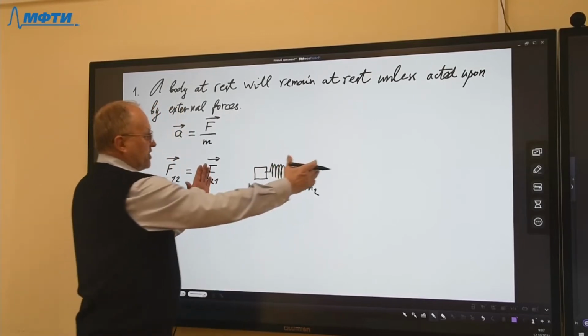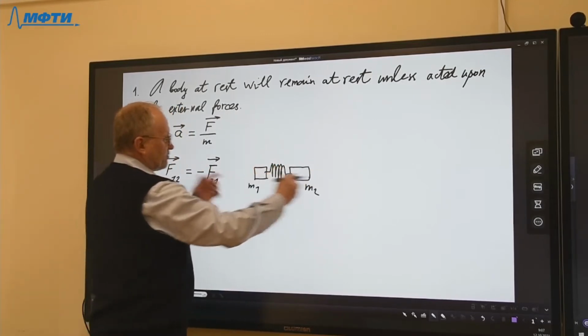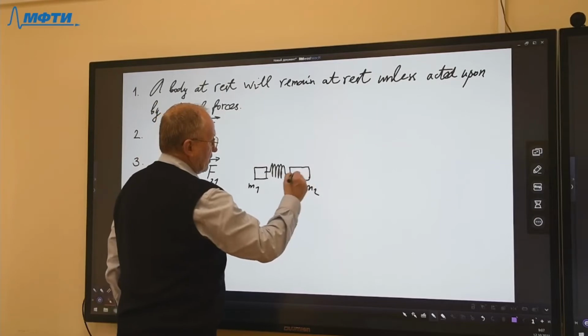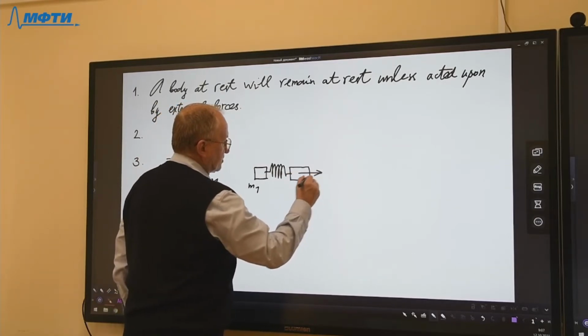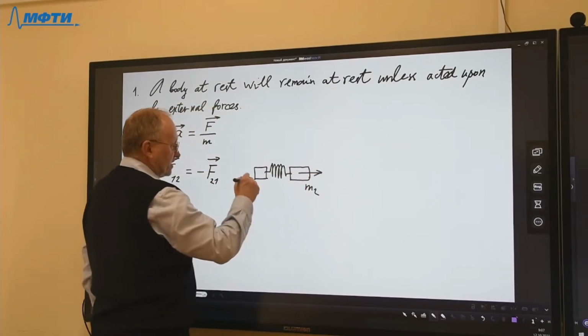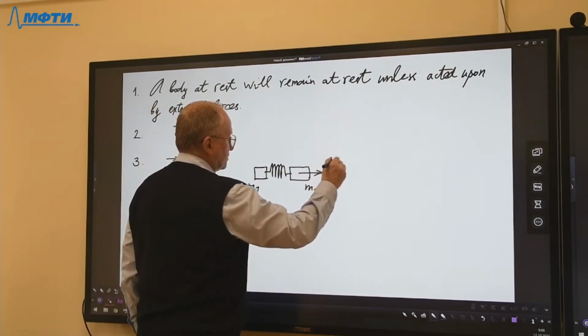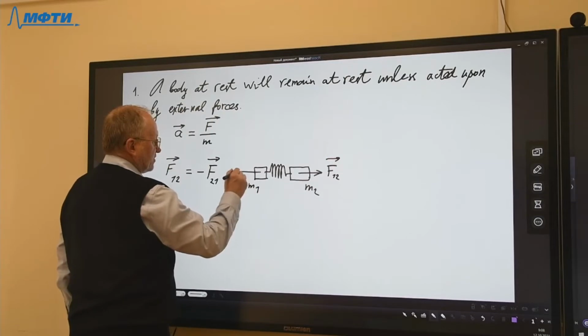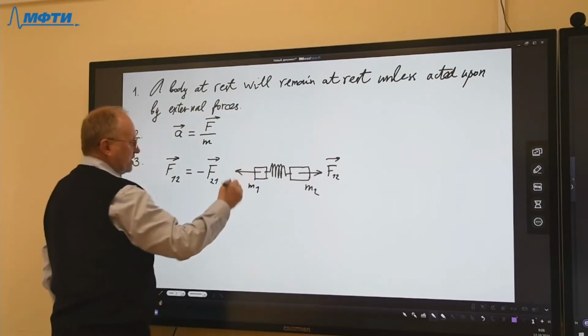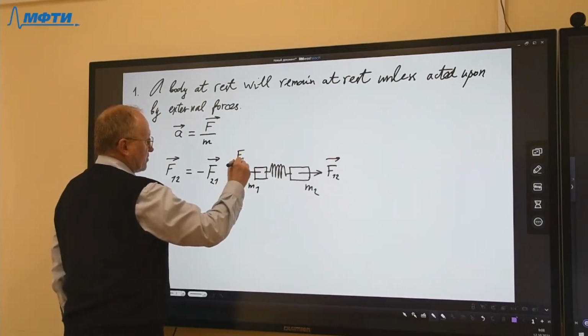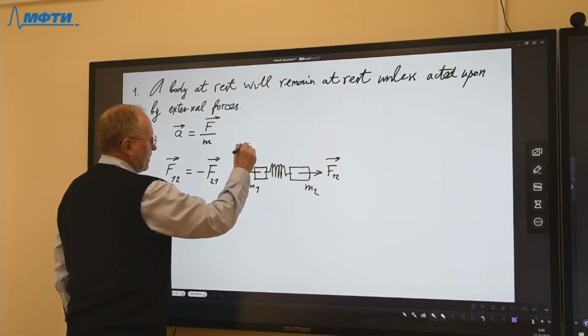And if the spring is compressed, then the spring will act on each body. The spring will act here, that is the force from body 1 on body 2. And also there will be the force acting on the other body, the force from body 2 on body 1.